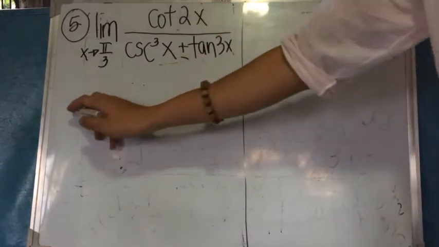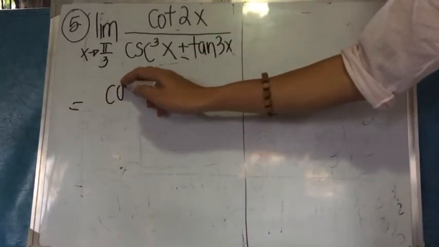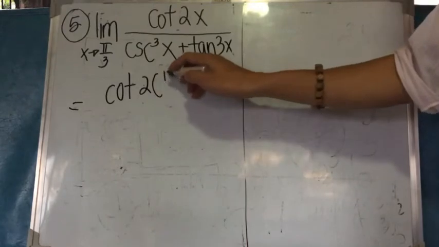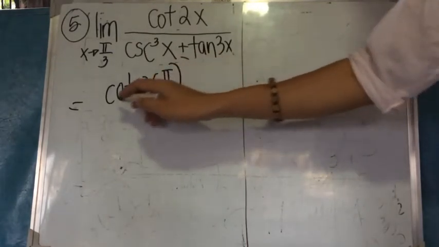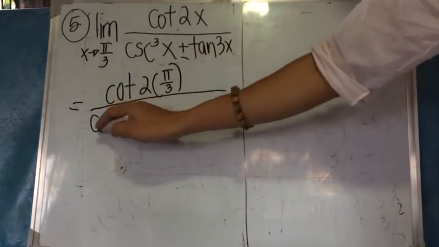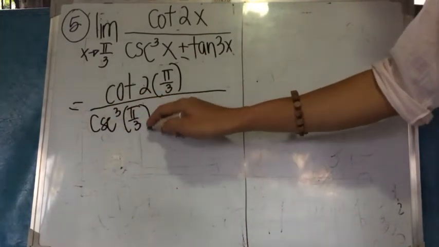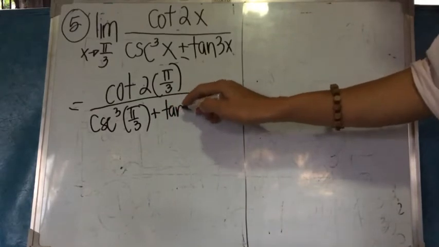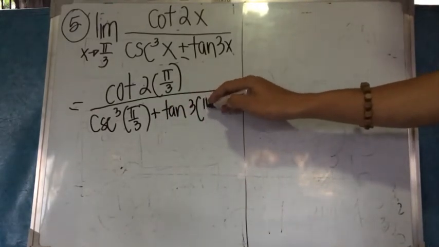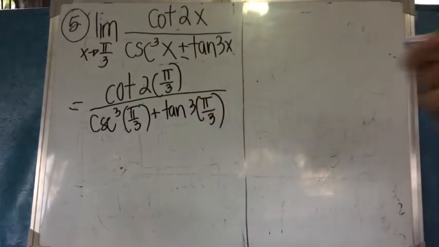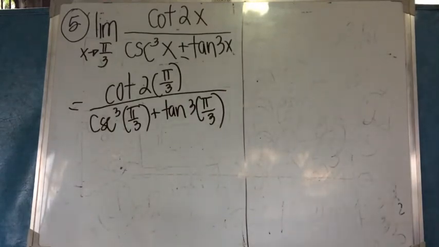So it will become cotangent 2 times pi over 3 all over cosecant cubed pi over 3 plus tangent 3 times pi over 3.